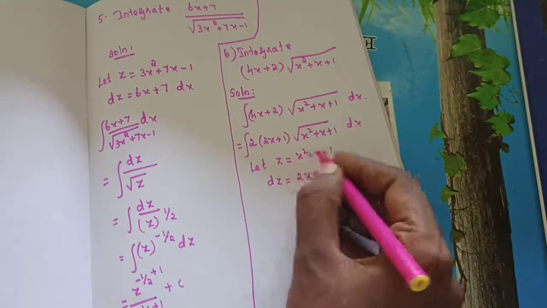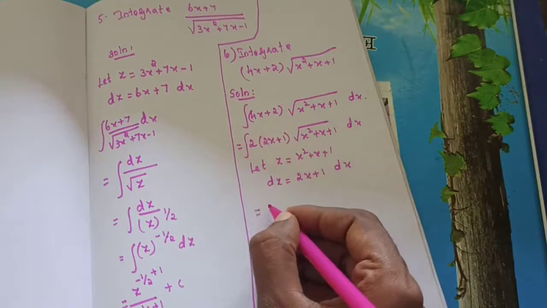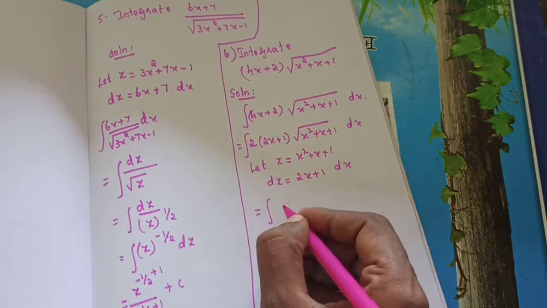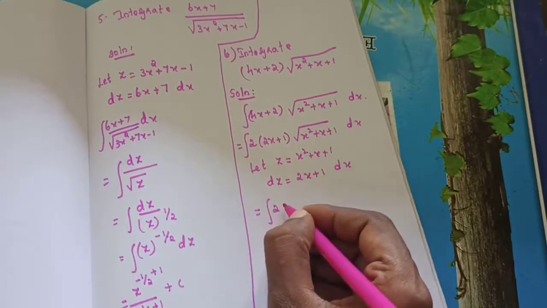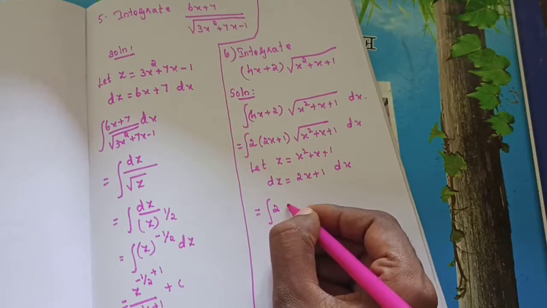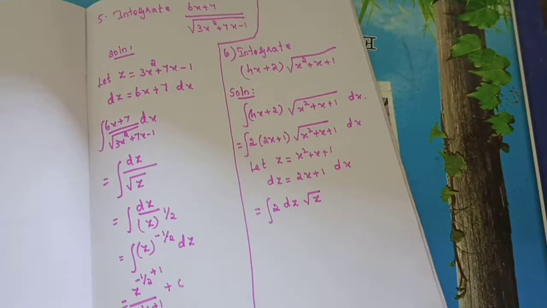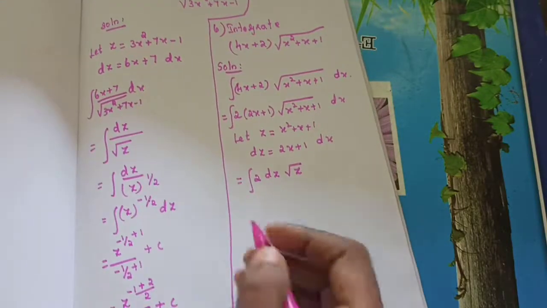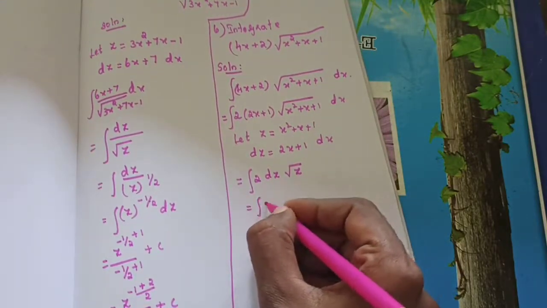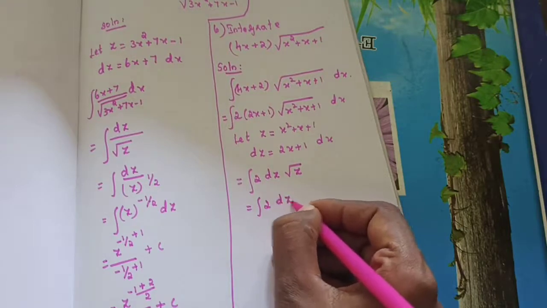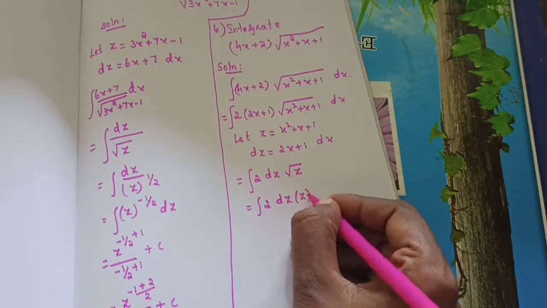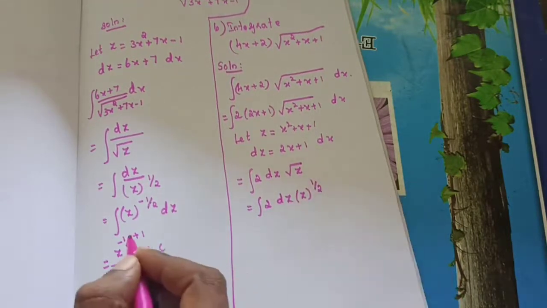Now substitute this one in here. So what will happen? That's equal to the integral of 2 into (2x plus 1) dx. What can we substitute? dz into square root. Am I right? So that's equal to the integration of 2 dz square root of z. How will you write it? z power 1 by 2.